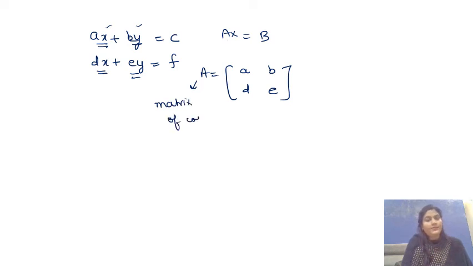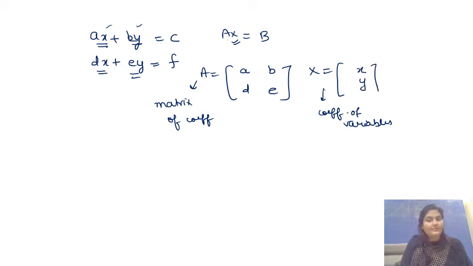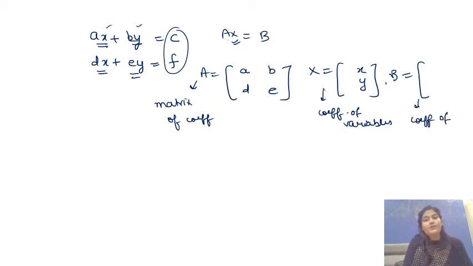Then you have X, the matrix of the variables, which will have x and y. Then you have B, another matrix, the matrix of constants, which will have c and f.